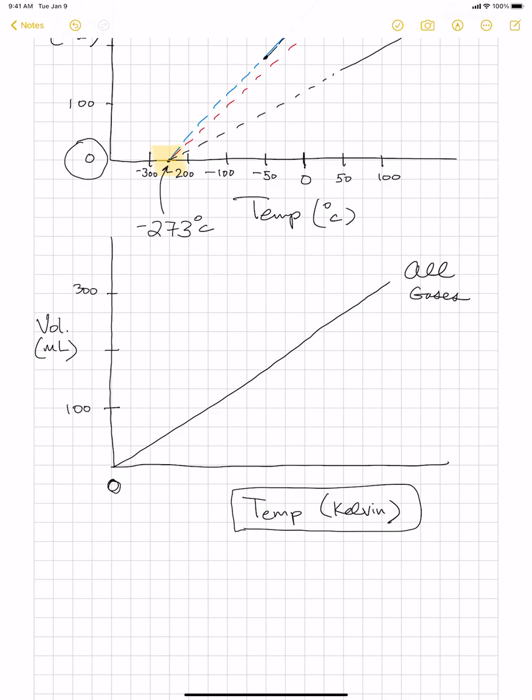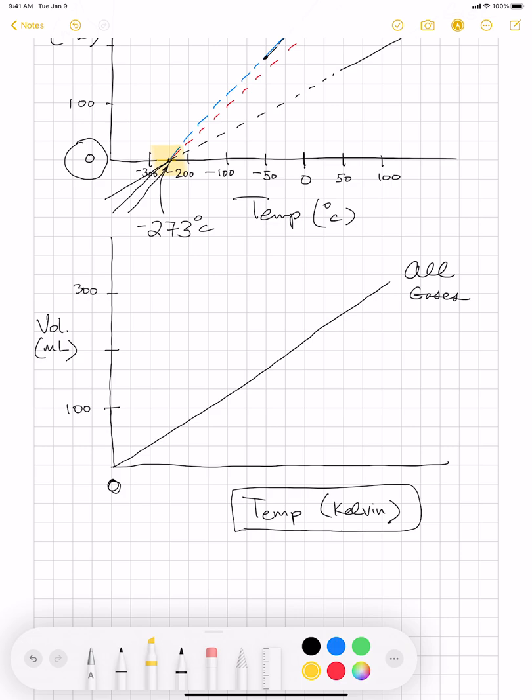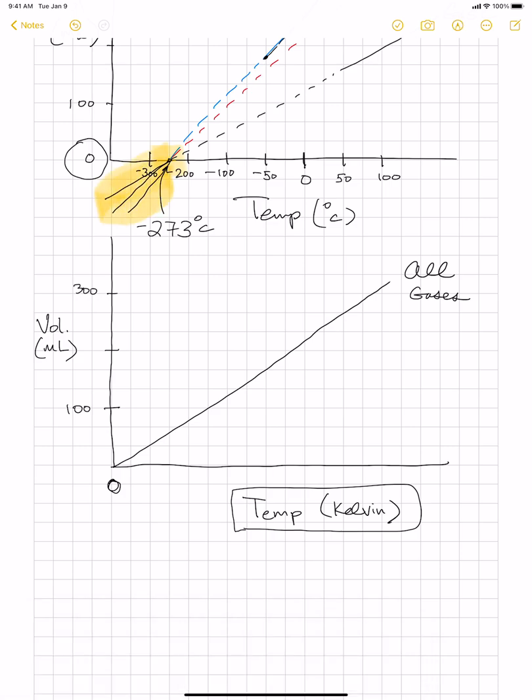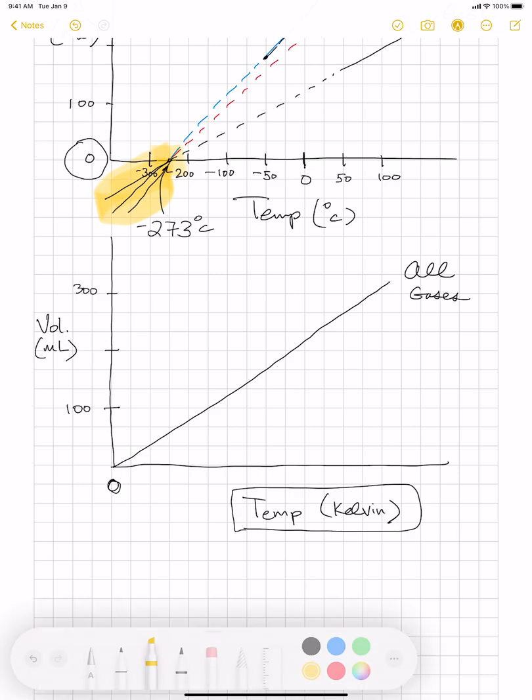So negative 273 becomes 0 Kelvin, and this is the lowest temperature that any type of matter can reach, because if you were to go below negative 273, you would be in the land of negative volume. We can't have negative volume. Maybe in the middle of a black hole we can, but here on Earth, negative volume can't exist. Therefore, the coldest temperature that can exist is negative 273 degrees Celsius.